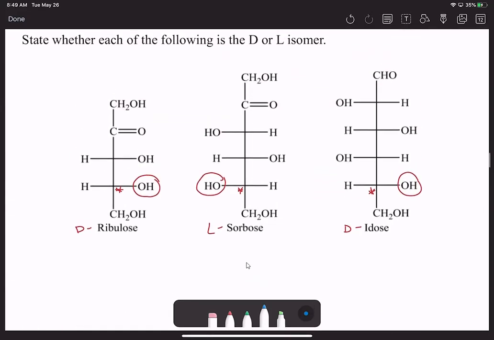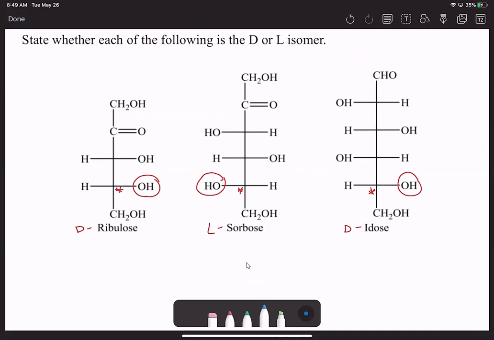All right. So we know about stereoisomers and chirality, and we've talked about enantiomers, and now we have D and L isomers, and now we're going to have some other isomers.